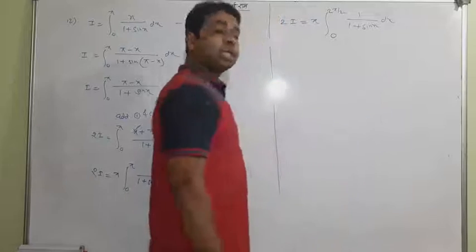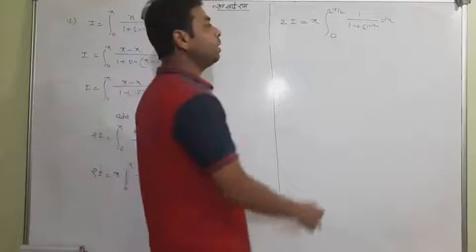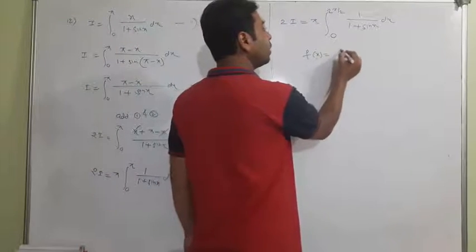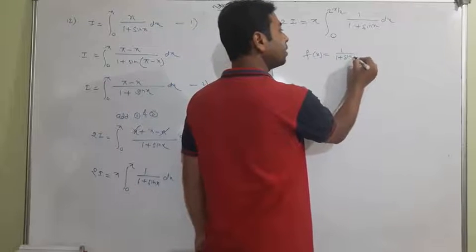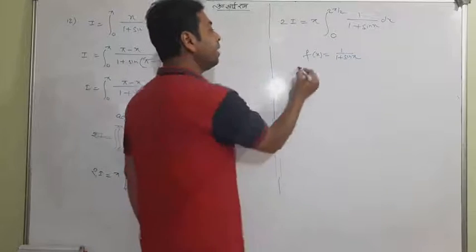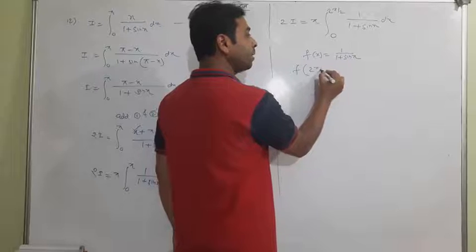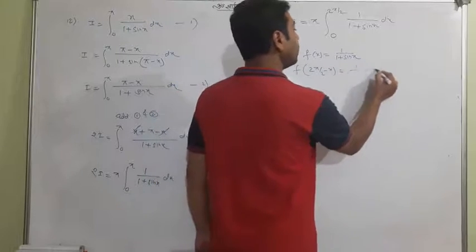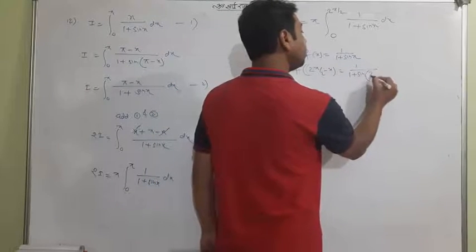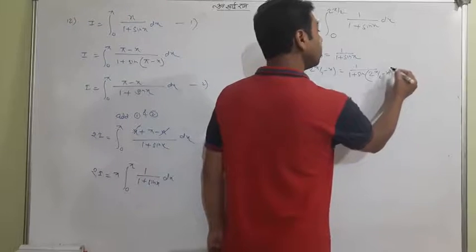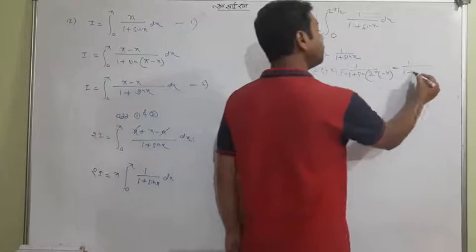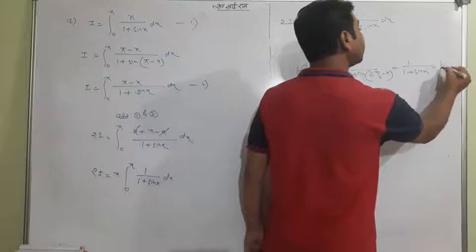Because we know the concept. In the last question we already saw that your f of x is 1 upon 1 plus sin x. And I'll write for x the value 2a minus x: 1 upon 1 plus sin of 2a minus x, meaning sin of 180 minus theta, meaning sin theta, the same function coming.